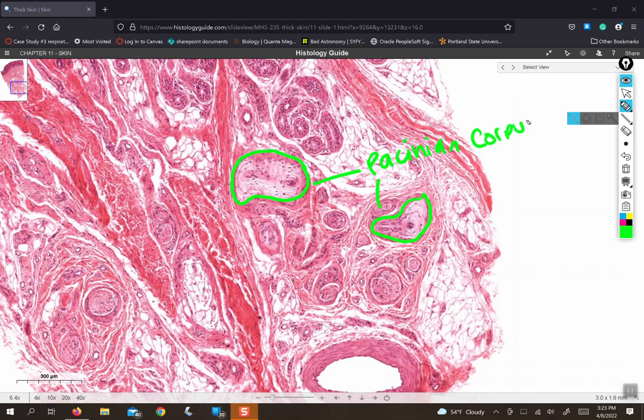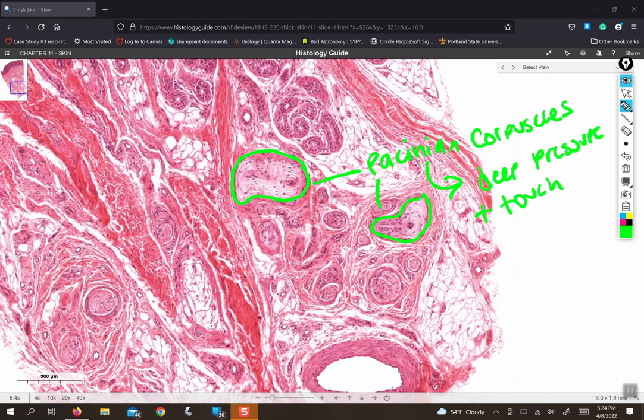And these are a special kind of touch sensor that are used to detect deep pressure and touch. So if someone gave you a firm handshake and you can feel the pressure of them squeezing your hand, that's going to be detected by Pacinian corpuscles.